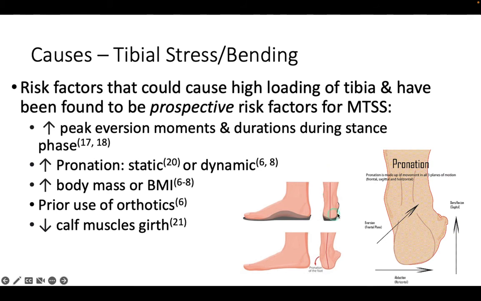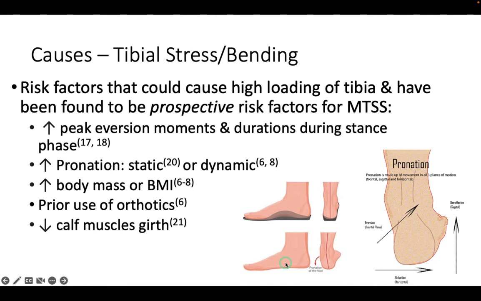Here's what a normal foot without excessive pronation or supination would look like, versus here is what an excessive pronation stance would look like. With that normal stance, we have that nice medial longitudinal arch, which is great for absorbing shock. Versus when we look at the pronated foot, it has collapsed and lost that medial longitudinal arch.